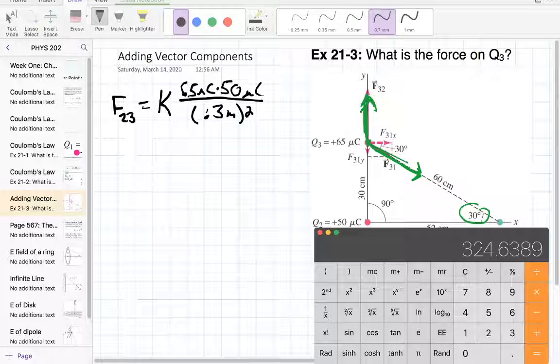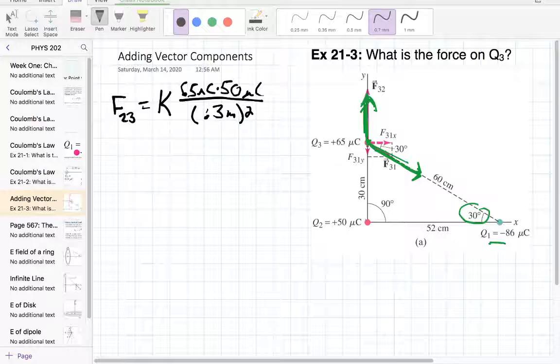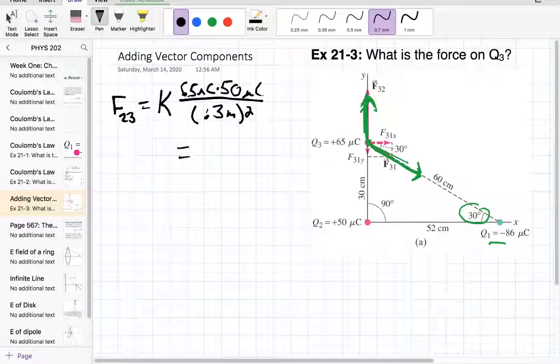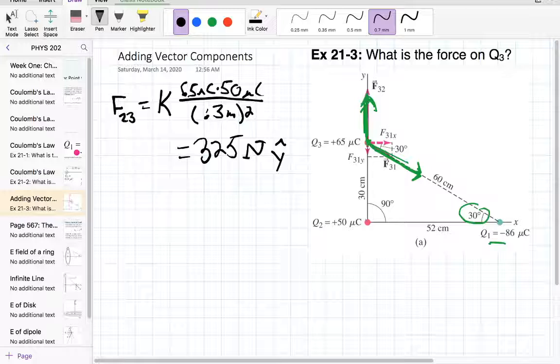That gives us 324.6. We'll round that up to 325, let's say, newtons. And that's 325 newtons in the positive y direction.